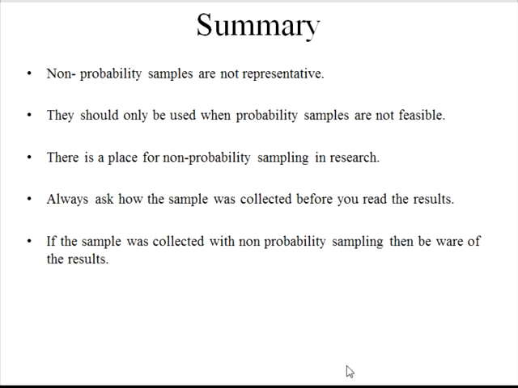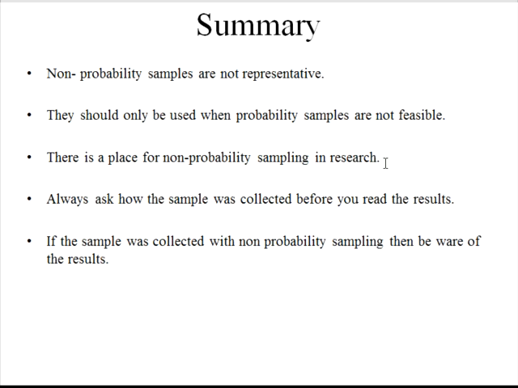If you want to get precise results about the population and make inferences, you should not use non-probability samples. But there is a place for non-probability sampling in research, right? When you're doing some type of exploratory research, or when you're doing research with hidden populations or populations where there is no sampling frame available, you will use a non-probability sample.